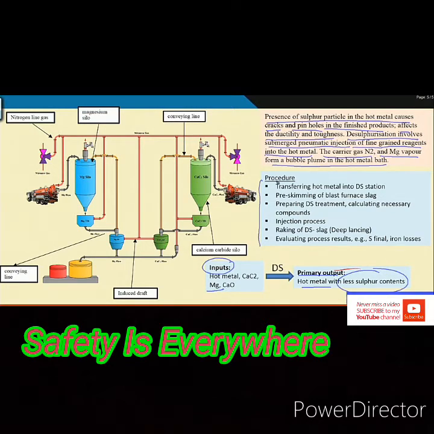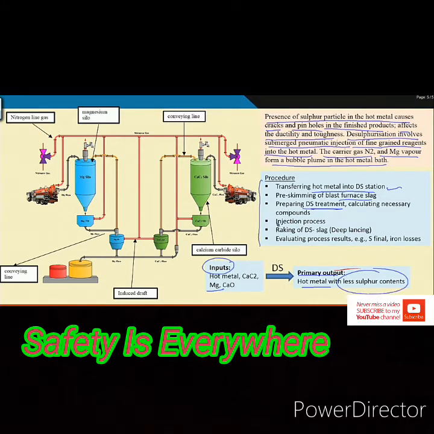And this is the procedure. First, hot metal will come to the DS station, and at the DS station, slag removal is done. Then you prepare the treatment plan, that is, calculating the necessary compounds depending on the hot metal composition. You have to find out what inputs are to be added.